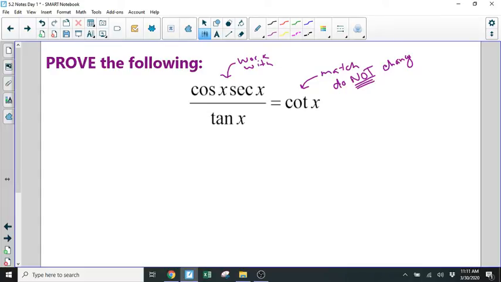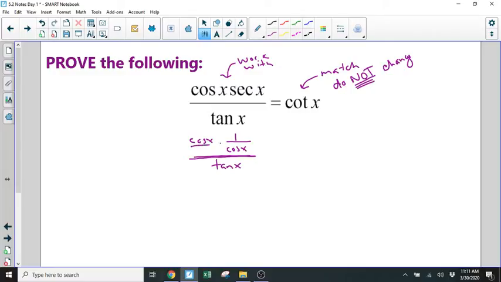So one of the things we could do is look at the fact that the numerator is an identity, so I could rewrite that secant as 1 over cosine of x. And on this one you'll notice I don't end up changing the denominator. I would only do one step at a time, and as you only do one step at a time on this one, you're actually going to see that it will speed up the process for us.